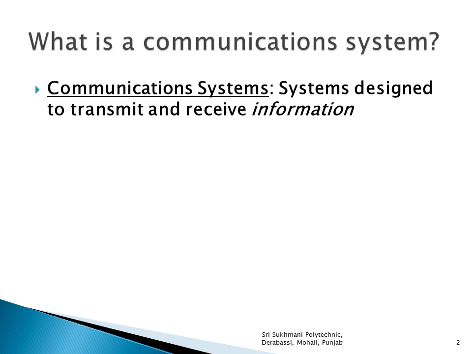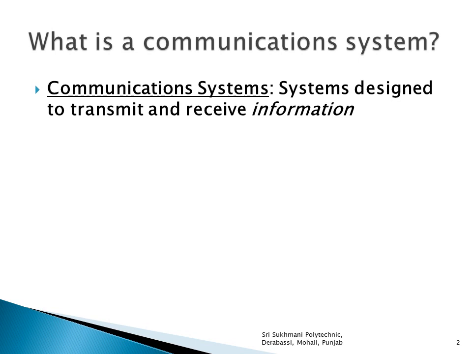So, first of all, what do you mean by communication system? A communication system is a system which is designed to transmit and receive information. So, what is information? Information can have any form.